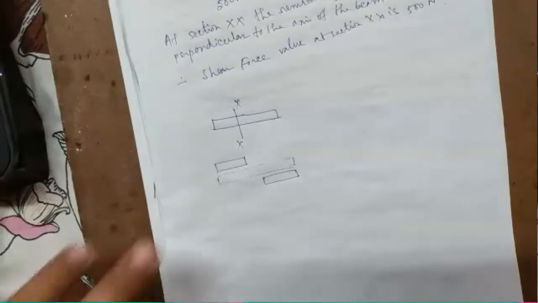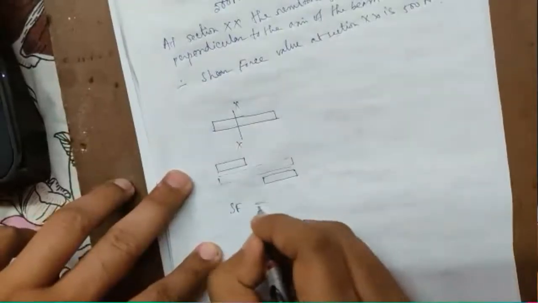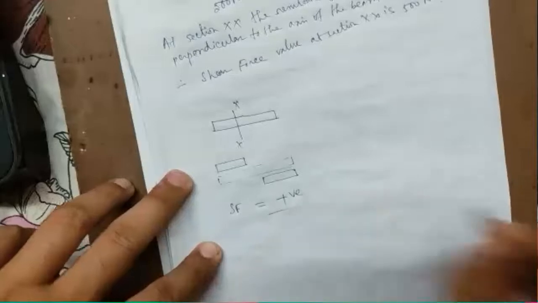That means the left hand side tries to move upwards, and the right hand side tries to move downward. In such case, the shear force is positive.